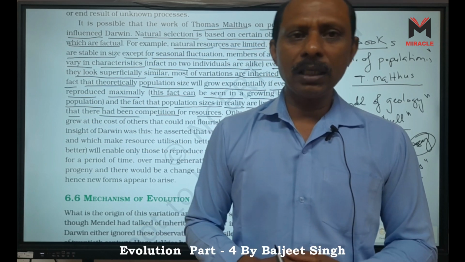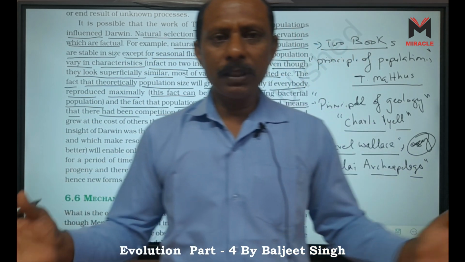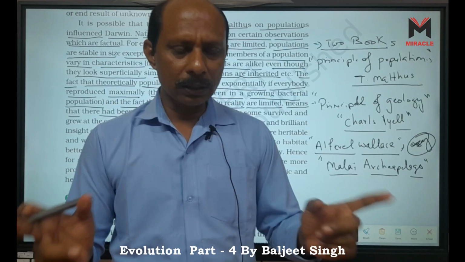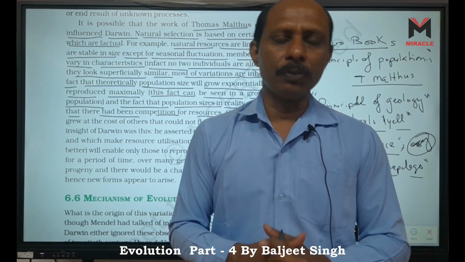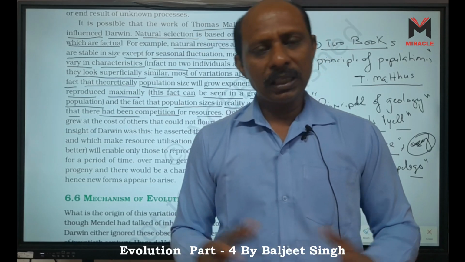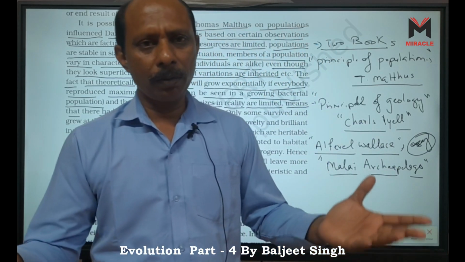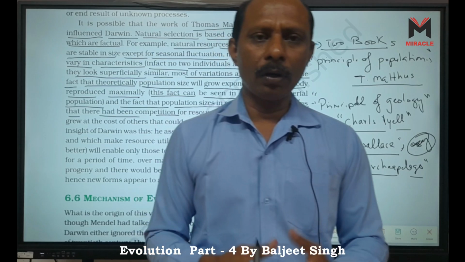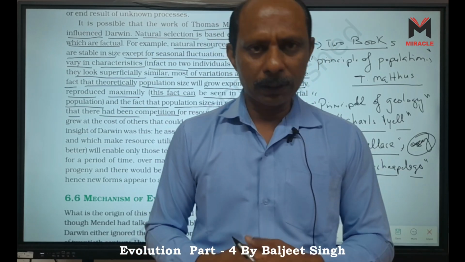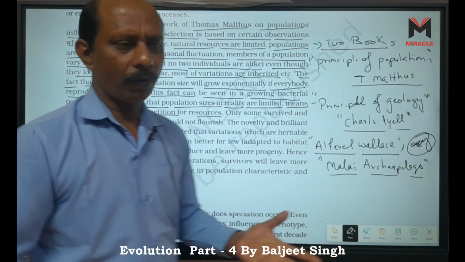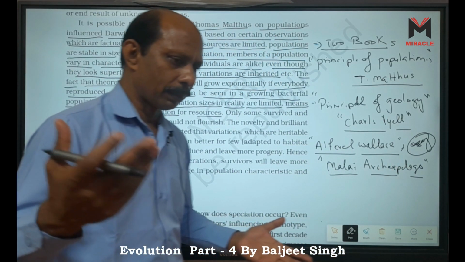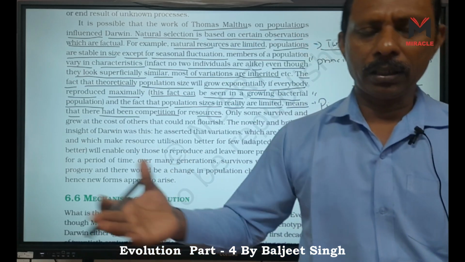The third one is intra-specific struggle. Intra-specific means the struggle is between individuals of the same species, maybe for mating, for food, or for habitat. For example, at a border there is sometimes war, a battle between two countries for land or other things.